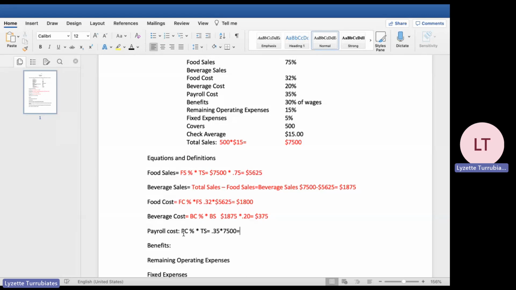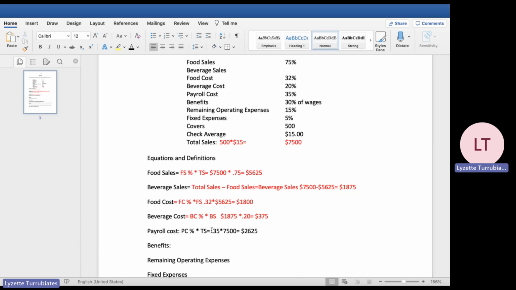And that's going to give you $2,625. So that's what we're spending on wages for our staff, whether it's front of the house, back of the house, salaried positions, admin. That's what we're paying for payroll.